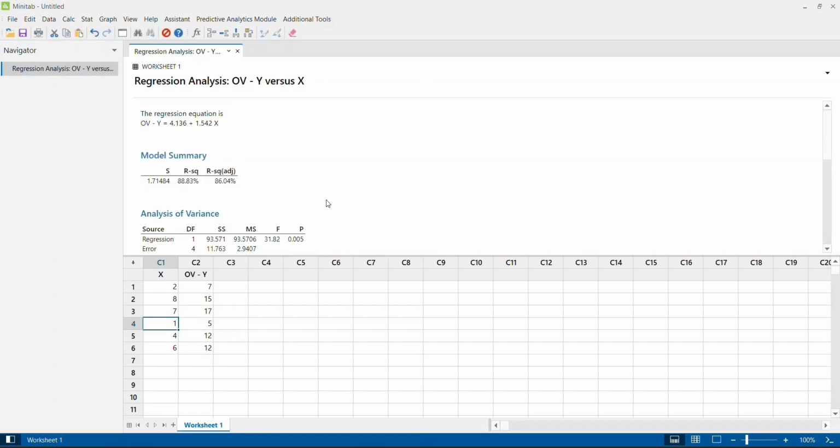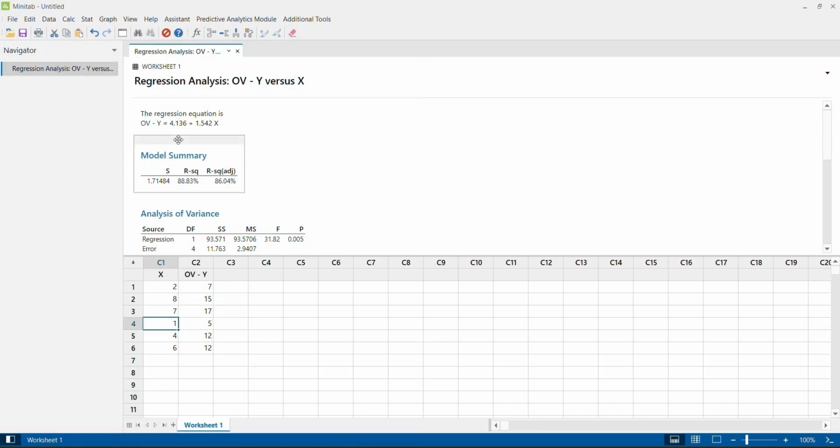So now if you want to know the value of y, if you change x to 7, you can solve this equation and you can find the value of y. Similarly, if you want to maintain the y at 10, then you can solve this equation by replacing the value of y with 10, and by doing simple algebra, you will be able to find the value of x.